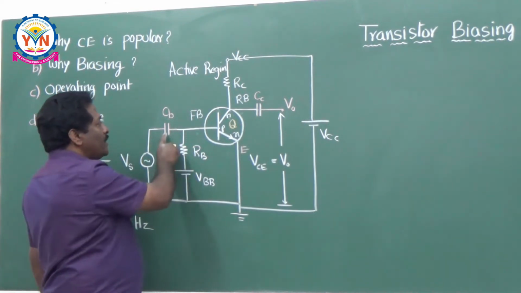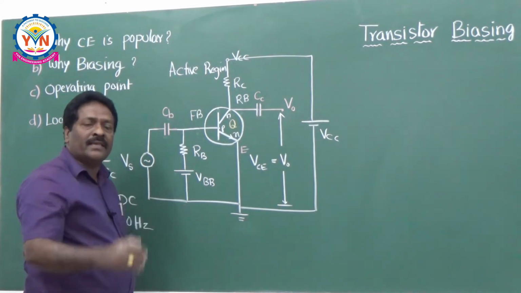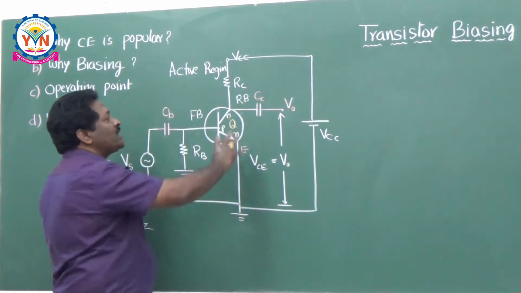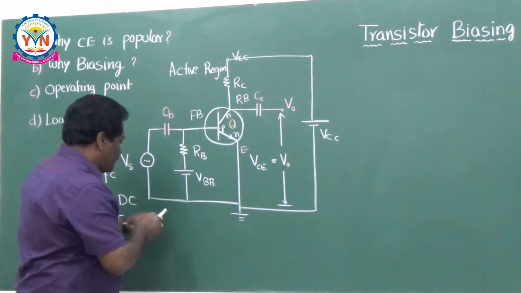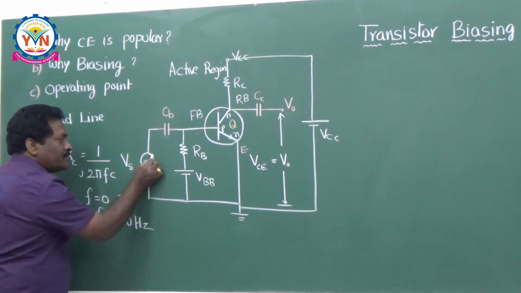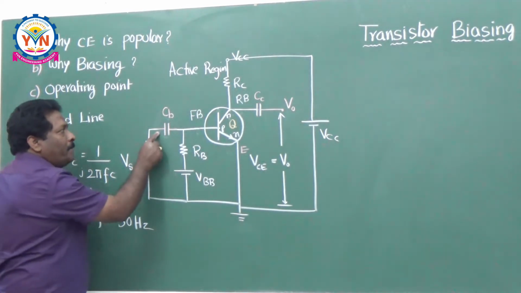That is the reason the property of the capacitor is that it blocks DC and allows AC. This transistor is particularly meant for amplification purposes. Amplification means, here, this is the input signal Vs, and whatever input signal you are giving is between the base and emitter.